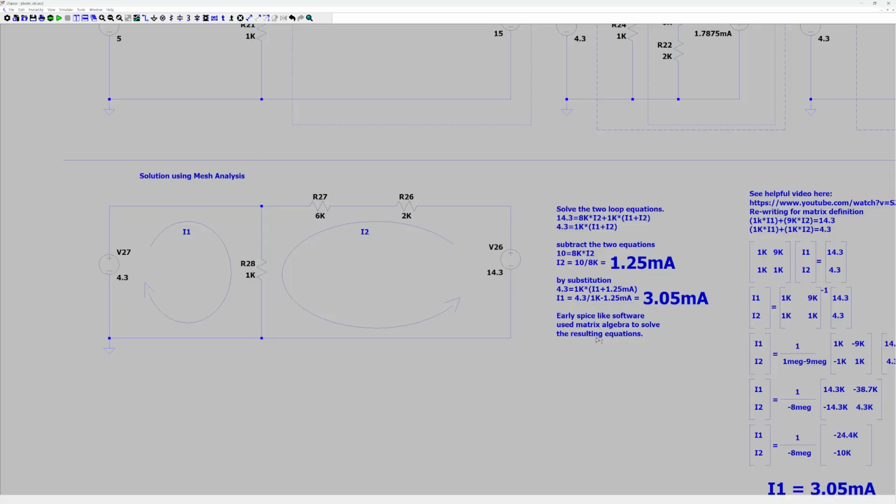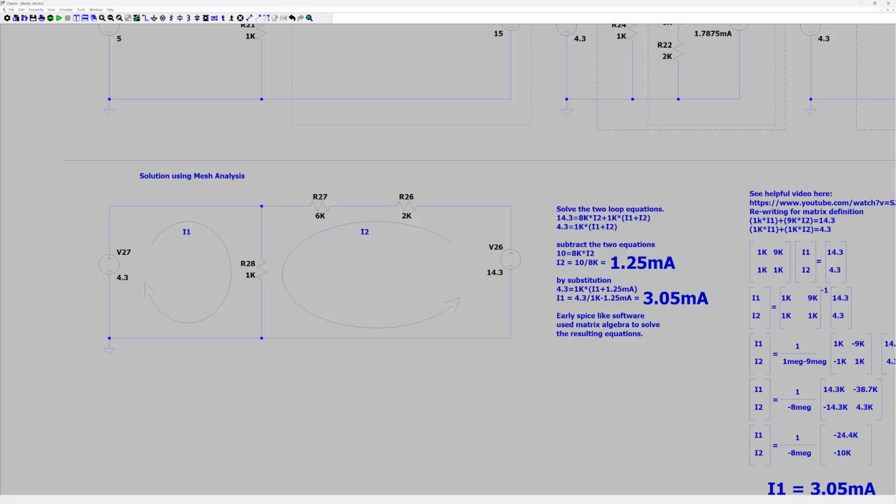Now if you write equations for those two loops, you have a loop that's 14.3 equals 8K, so it's 2K plus 6K, 8K times I2, plus 1K times (I2 plus I1), and then back.